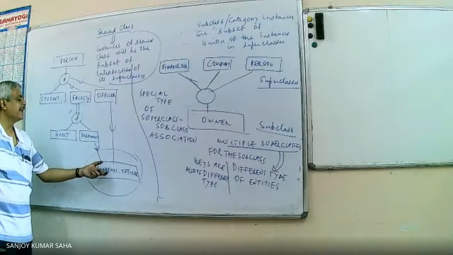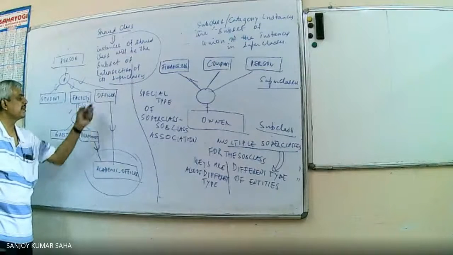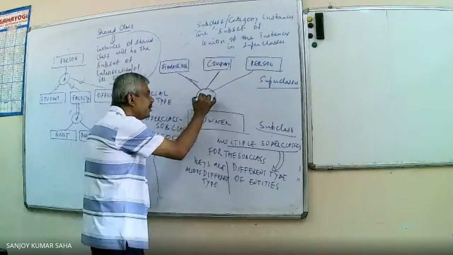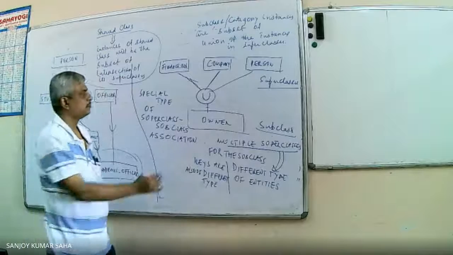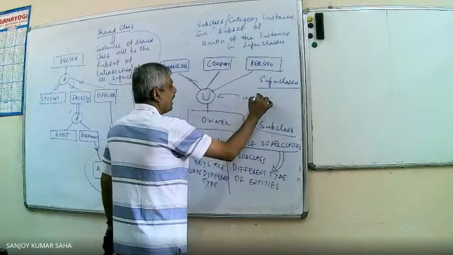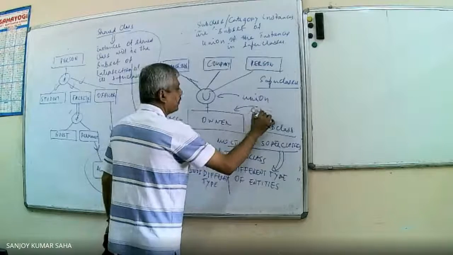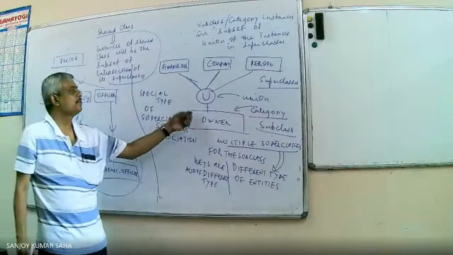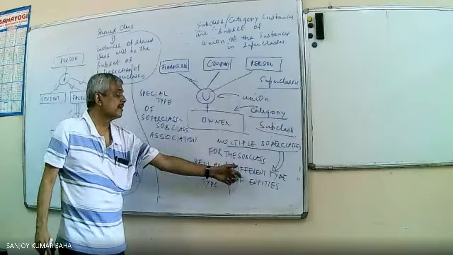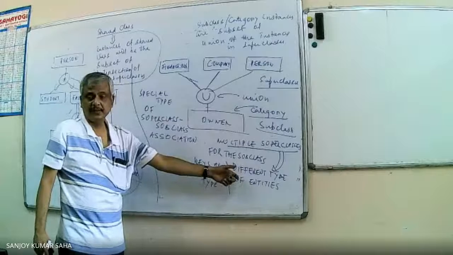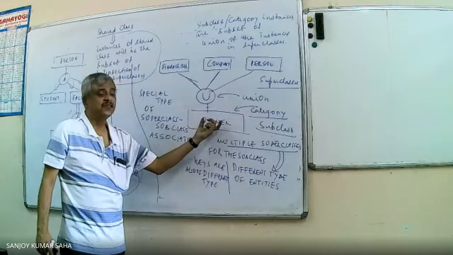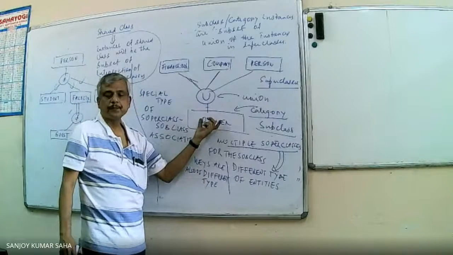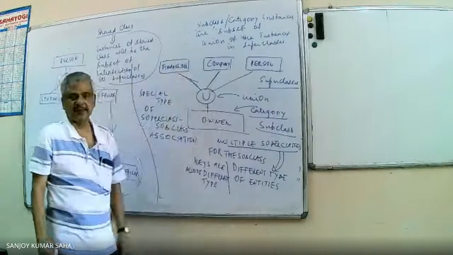Here we can have elements which are a subset of the intersection of these two. Here we will have a subset of the union of these things. These we denote as union, and this subclass is known as category. So a category is a subclass that has multiple superclasses, and those superclasses may be of different types. The instances in the category will be a subset of the union of its superclasses.